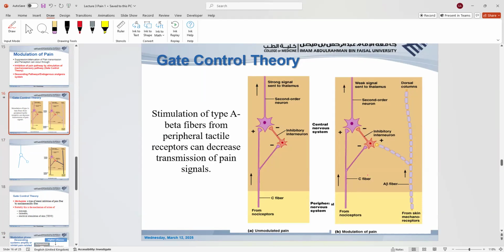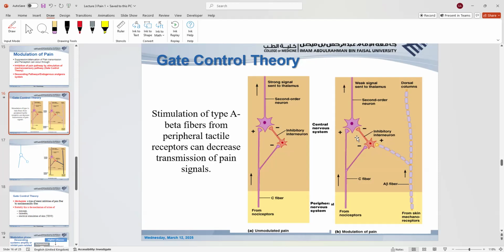You go straight up, the second order neuron is present in the spinal cord, and then it goes up also to the thalamus and then to the cerebral cortex. What you see here is a collateral branch coming from this C fiber. And this branch is basically synapsing with an interneuron.